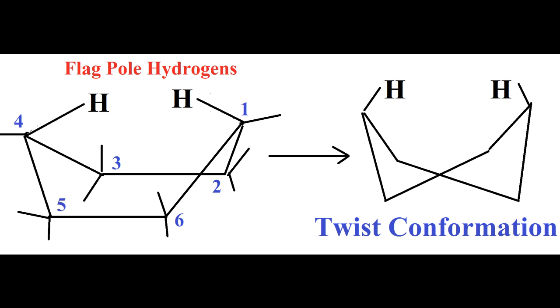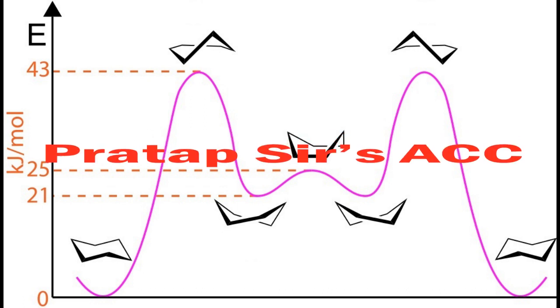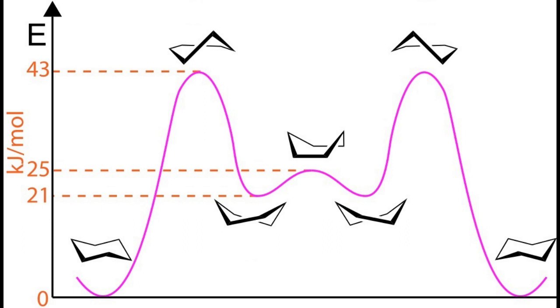The twist conformation is less stable than the chair form but more stable than the boat conformation. In the half chair conformation, the strain is so high that its energy is raised to the highest and it becomes least stable. Thus, we can say the half chair and the boat conformations are the transition states. The energy relationship of various conformations is like this.